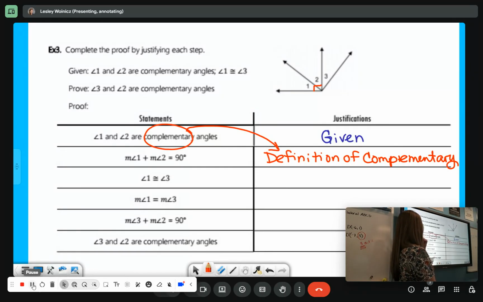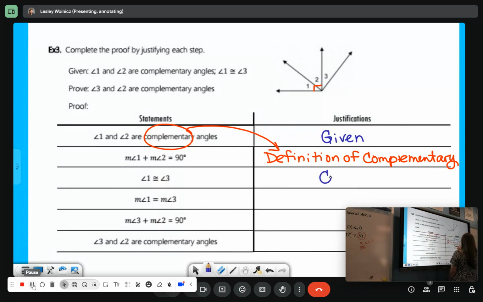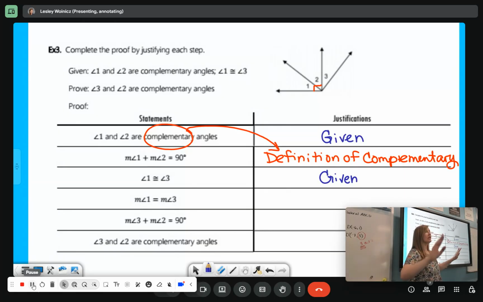How do I know that angle 1 is congruent to angle 3? It's given. Math Christmas. Okay, so this is an important thing to notice. This just is personal preference. Some people like to vomit all of their givens at the beginning just to get them out of the way.